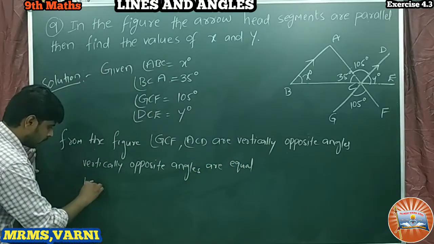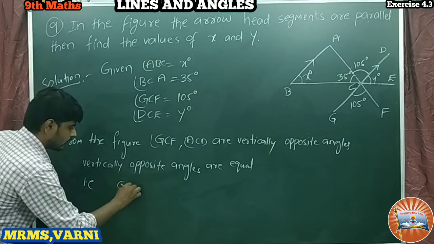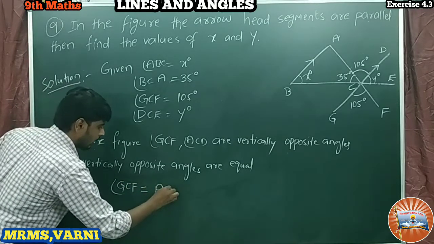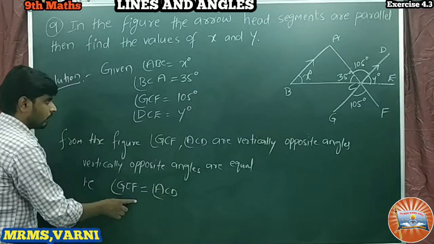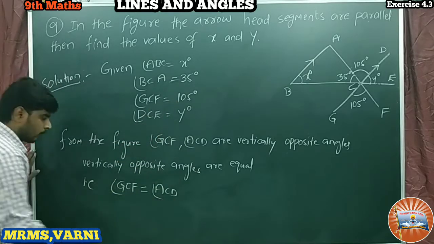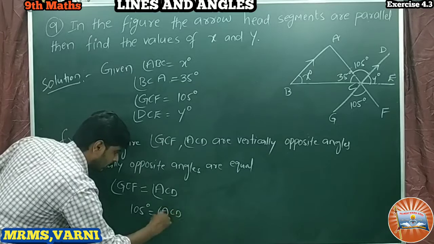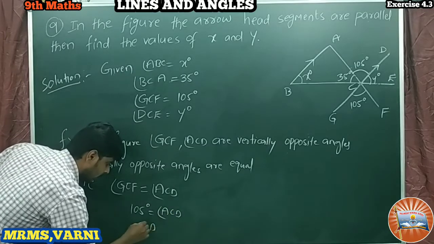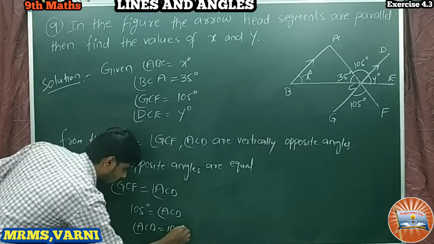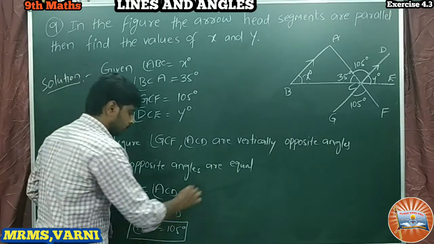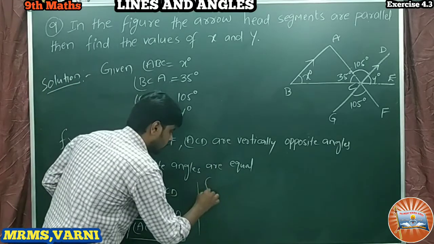That is, angle GCF is equals to angle ACD. GCF we have 105 degrees. So 105 degrees is equals to angle ACD. So angle ACD we got 105 degrees.